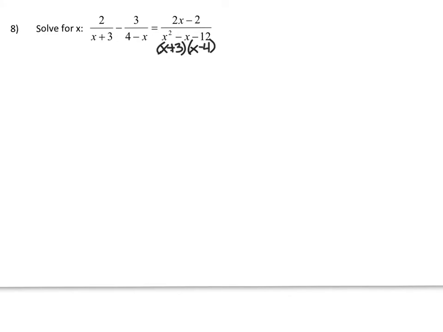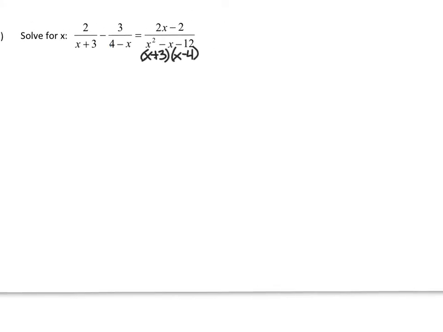So I'm going to take this and make it say x minus 4. What I basically did was I took the negative x and made it positive, and I took the positive 4 and made it negative. So I'm changing the signs of what's happening here. So if I change the signs here, I have to change the sign in front of that fraction. So I'm going to change the subtraction sign to an addition sign.